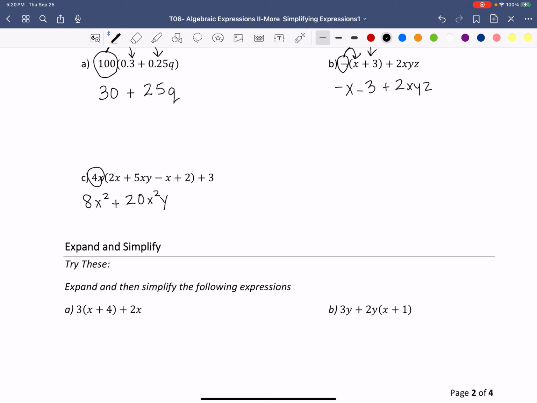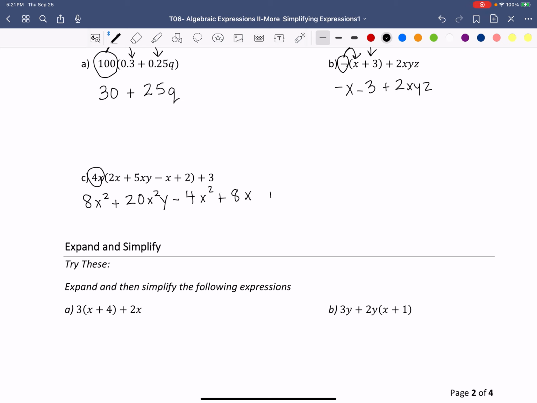Again, use the exponent rule there to make that change on the x. And then 4x times negative x is going to be negative 4x squared. And then 4x times 2 is going to give us 8x.